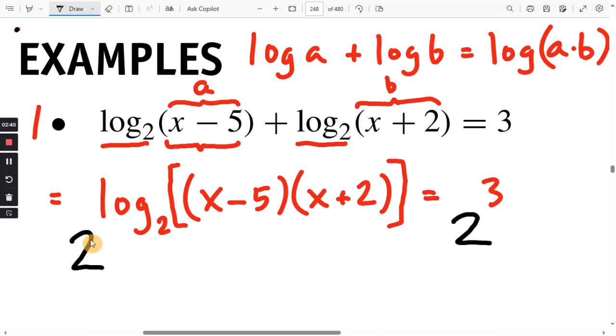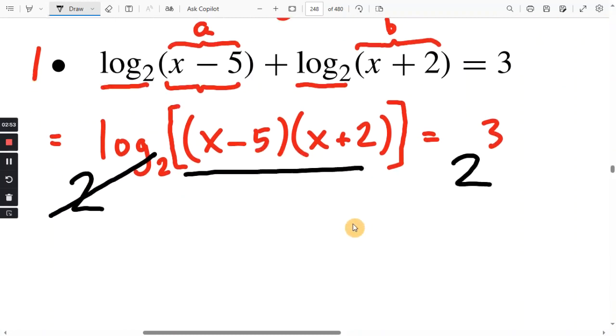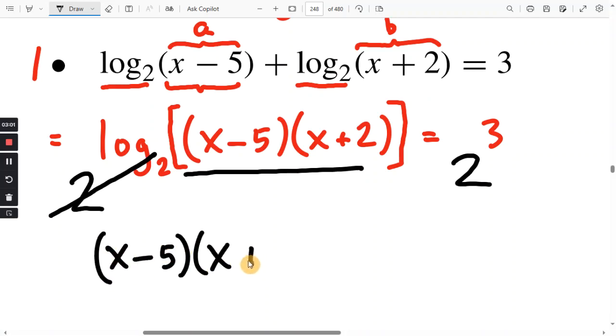On the left, this base matches the base of the log, so those cancel, and you are just left with the argument, x minus 5 times x plus 2. And 2 to the third power equals 8.